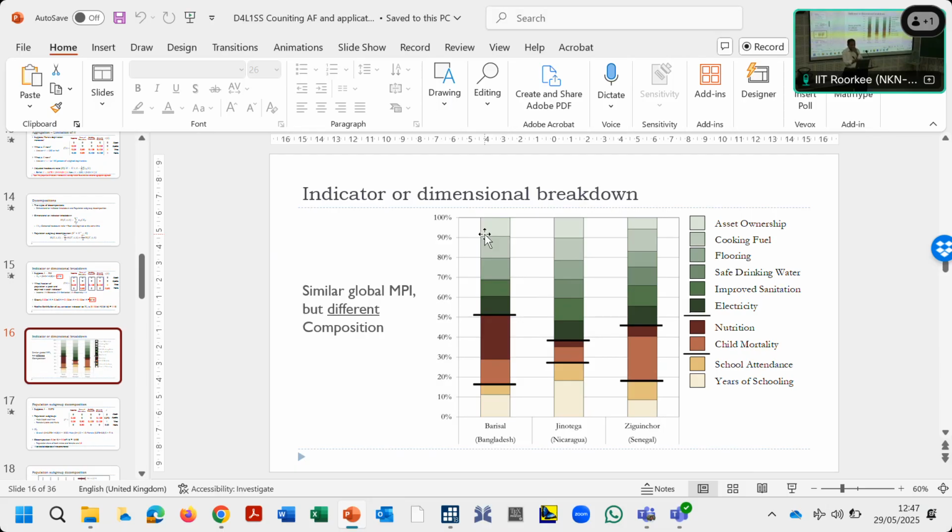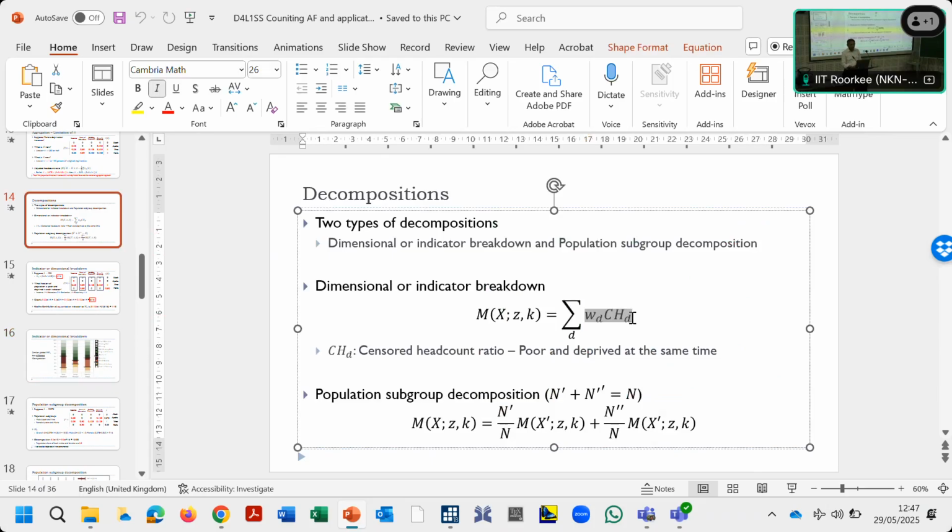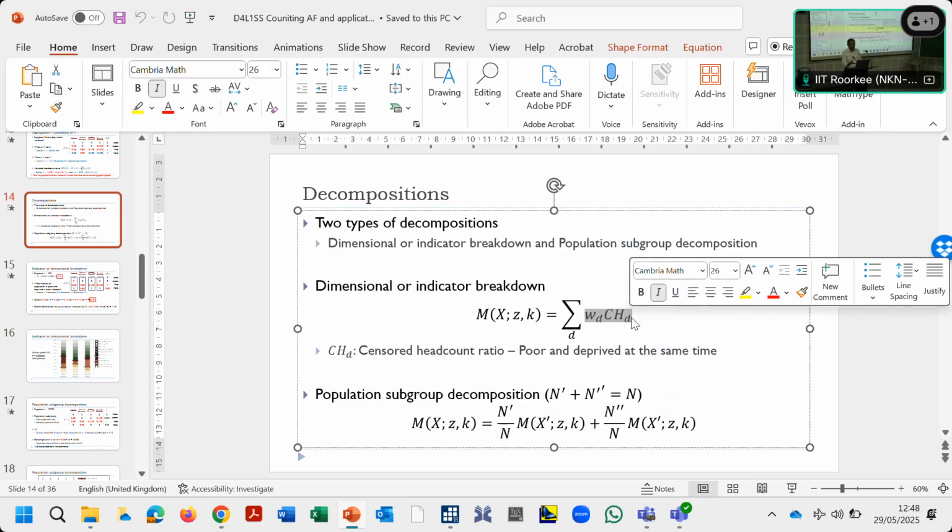So suppose for 2 indicators, M0 is equal to W1 CH1 plus W2 CH2.